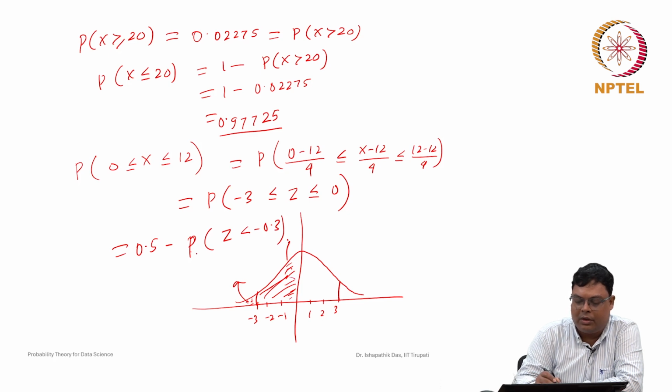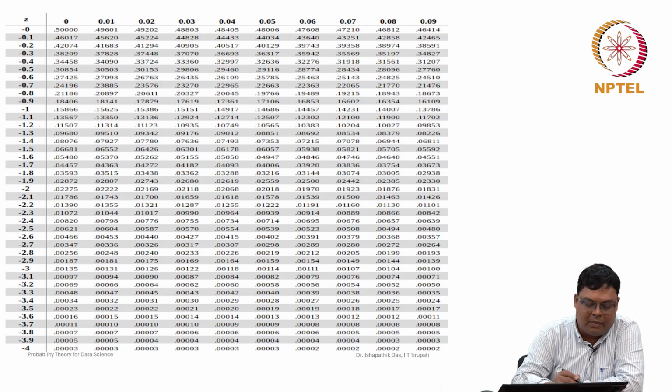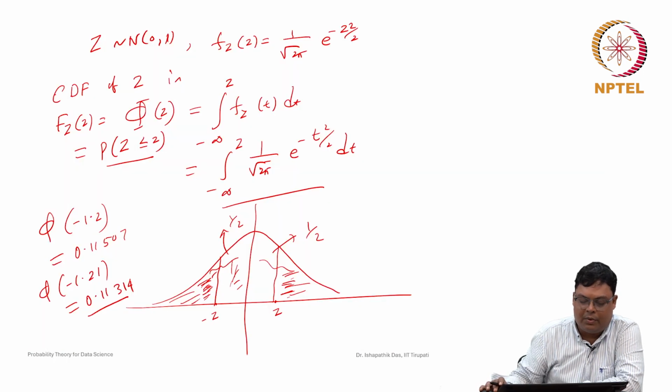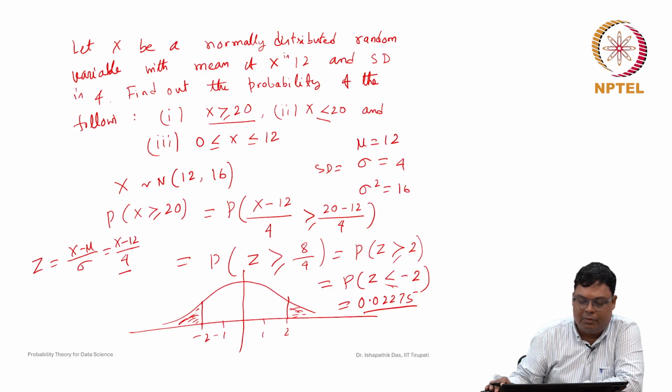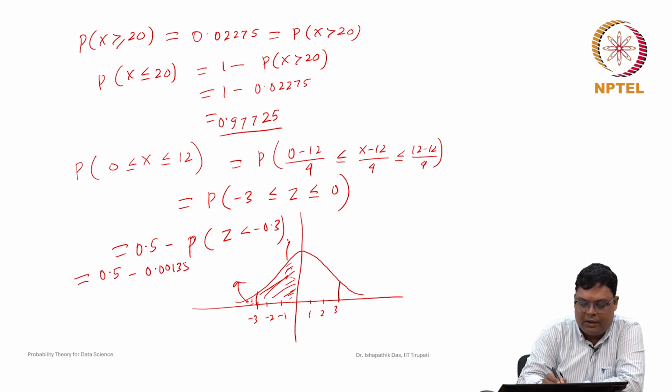Now, the probability that z is less than minus 3 can be found from the table. Up to minus 3, this probability is 0.00135, that we have to subtract here. So, this is nothing but 0.5 minus 0.00135.